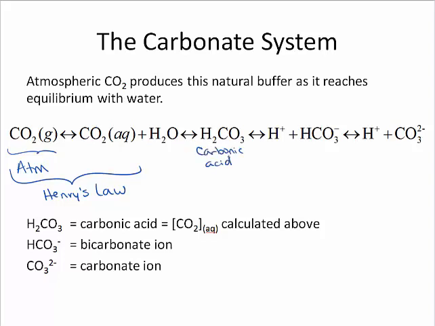Carbonic acid, being a weak acid, will at some Ka, or equilibrium constant for an acid, release a proton and bicarbonate. Bicarbonate is also a weak acid. So at some equilibrium constant, Ka, bicarbonate will release a proton and the carbonate ion. This is sometimes referred to as Ka1 and Ka2 for the carbonate system.